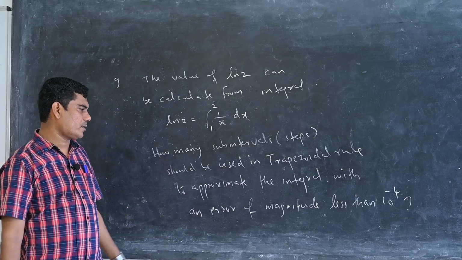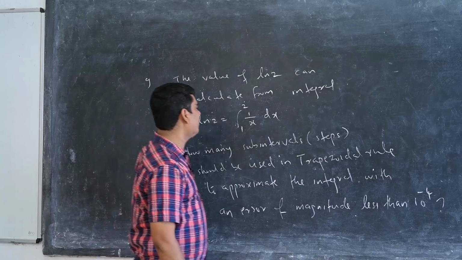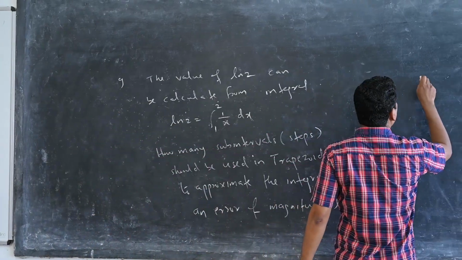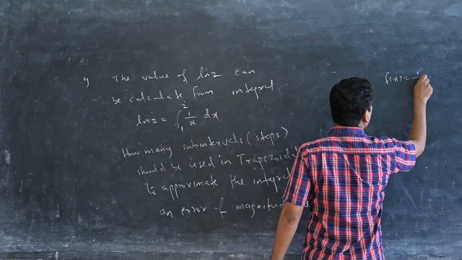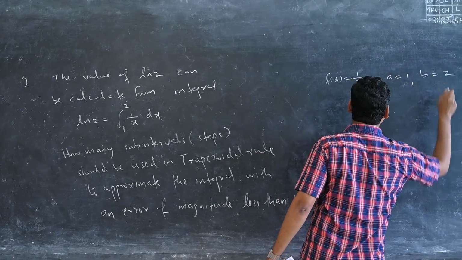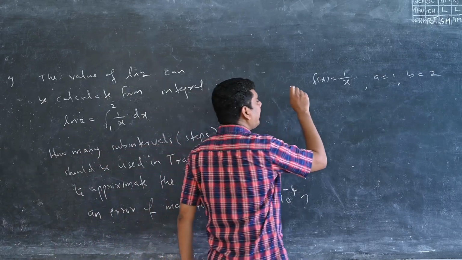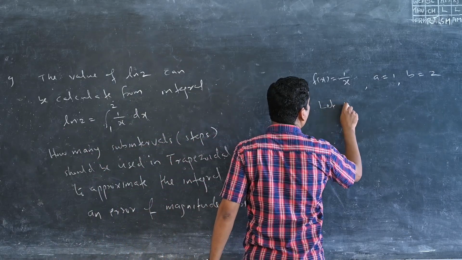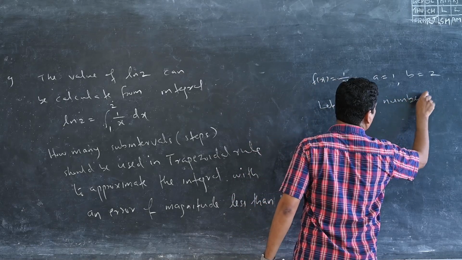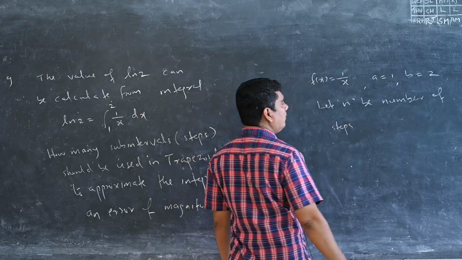That is the question. Here, the integral from a to b of f of x dx is equal to the integral from 1 to 2 of 1 by x dx. So f of x is equal to 1 by x, a is equal to 1, b is equal to 2. Let n be the number of steps or subintervals.